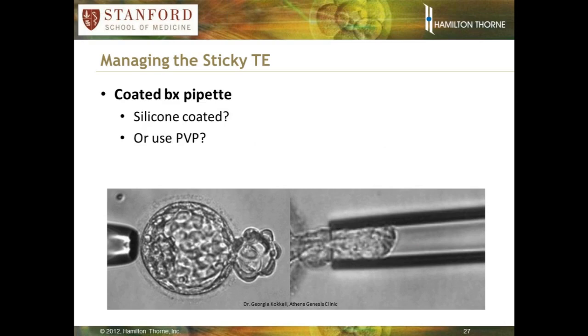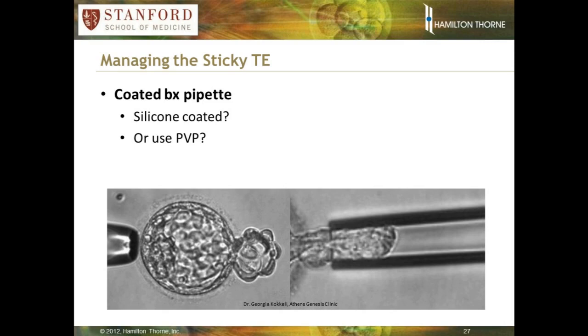So what about managing the sticky trophectoderm cells, which can happen, particularly if the embryo is completely hatched and you have to rub, as I described earlier, the biopsy piece or the dangling embryo on the holding pipette to erode it off the trophectoderm. There are 2 approaches that can be used.